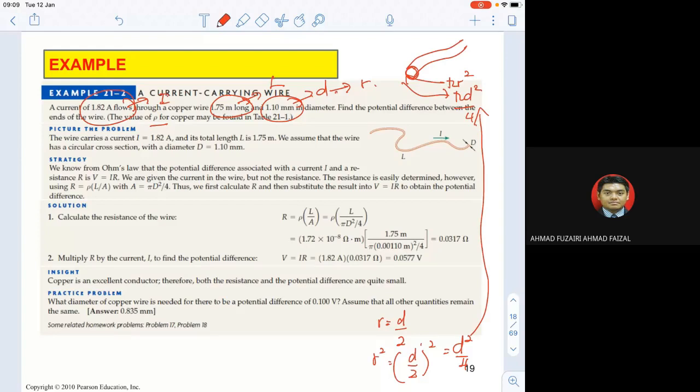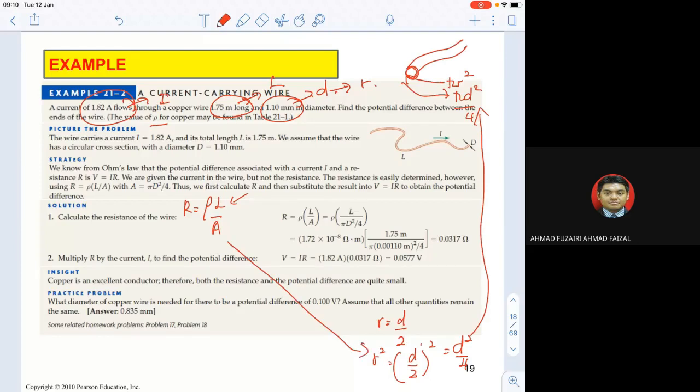So we need to get the value from the table in your books or in the given appendix. First, using the resistivity, resistance R equals resistivity times L over A. We have the length, but we don't have A, so A is considered as pi d square over 4, like I did just now.